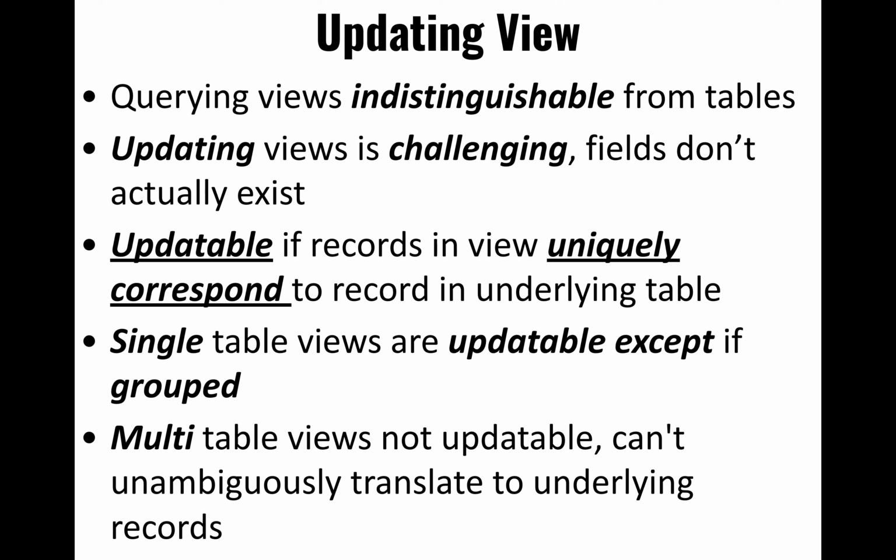Updating. So updating can be challenging. Sometimes it could be ambiguous what you want me to do. Now the updates that are trivial, meaning if my view is selecting from a single table, then it's easy to calculate.